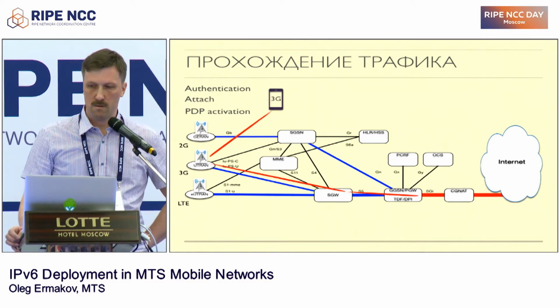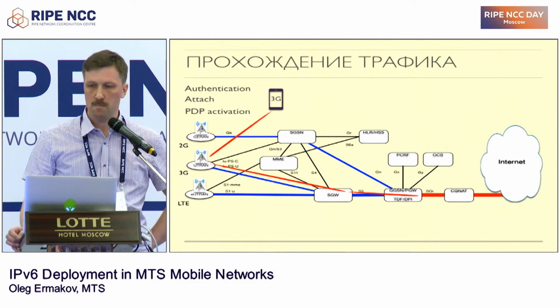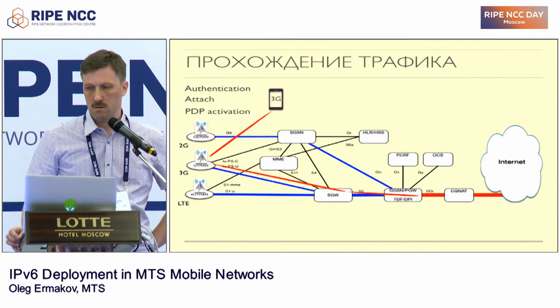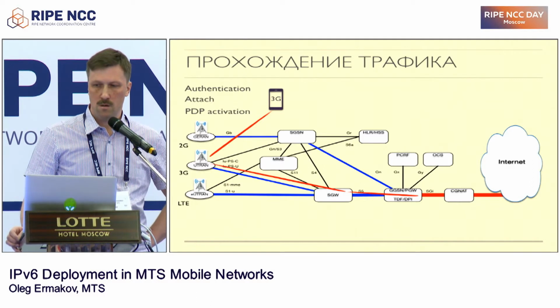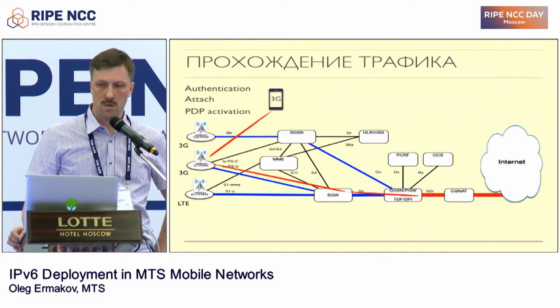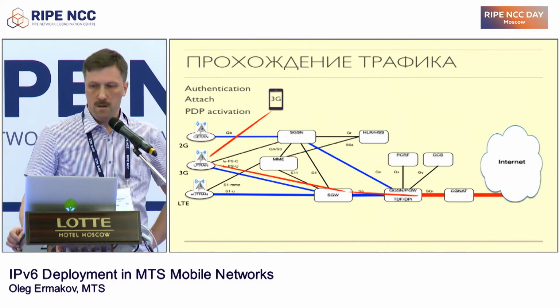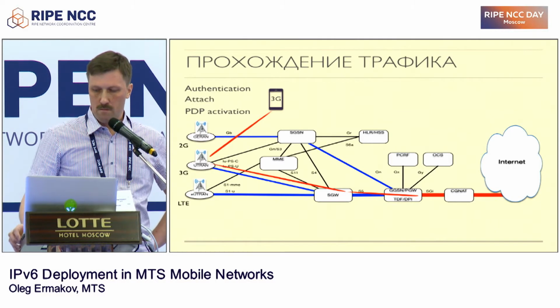Why am I using different colors on the slides? The signaling lines here are shown in black. Blue identifies transport lines. They are traffic bearing or carrying lines.